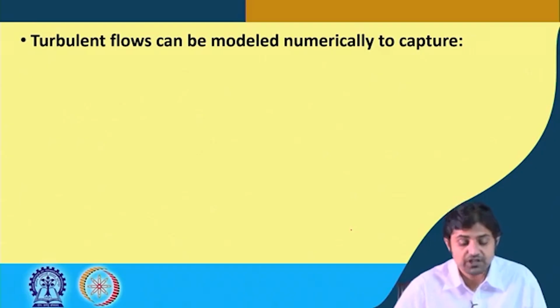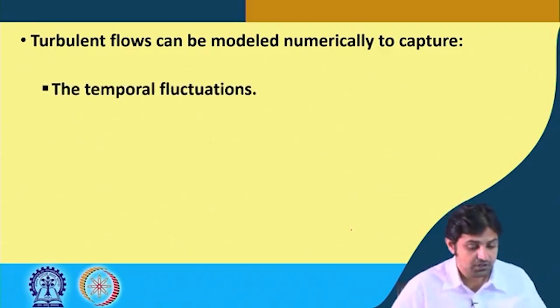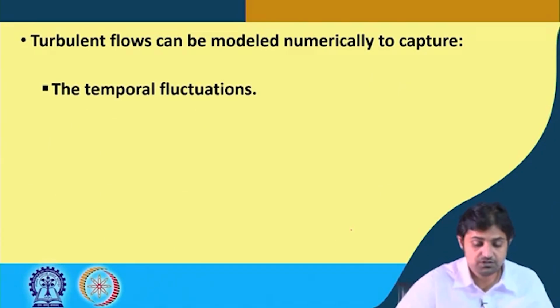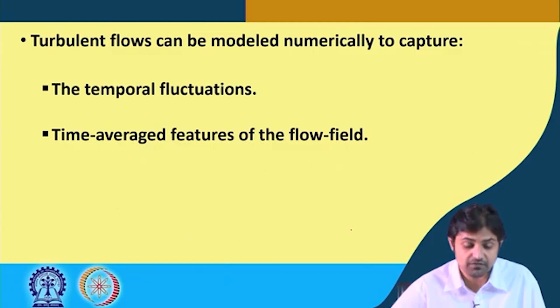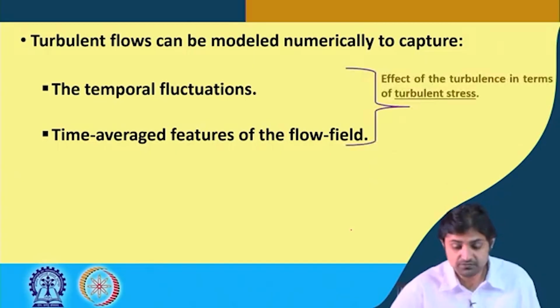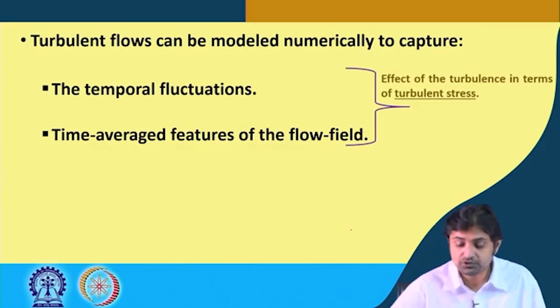So turbulent flows can be modeled numerically to capture the temporal fluctuations, the time average features of the flow field. So the real velocity, the fluctuations mean the deviation from the average velocity, and the time average features of the flow field. Because these two quantities affect the turbulence in terms of turbulent stresses.